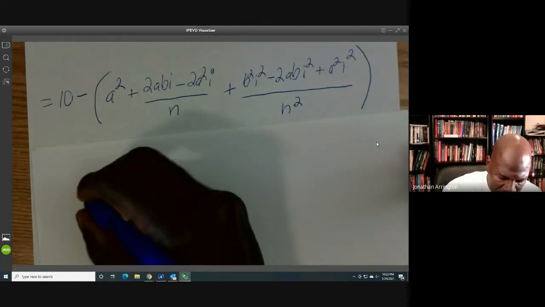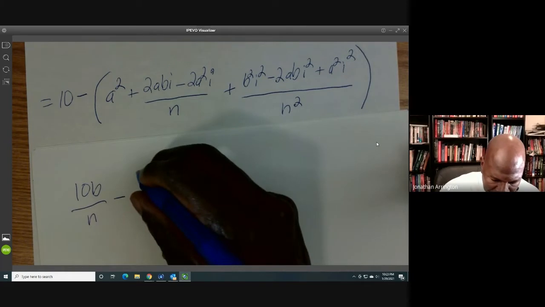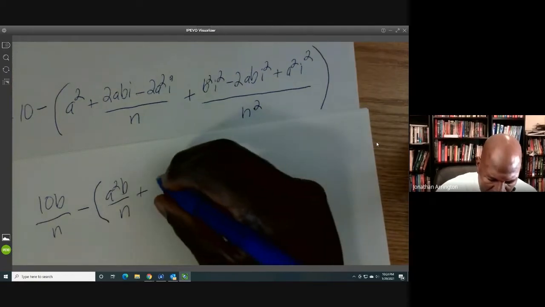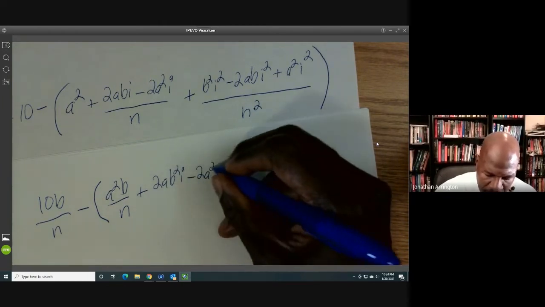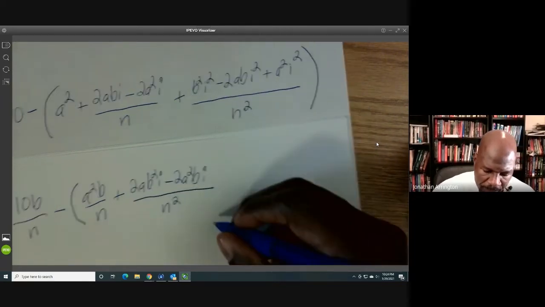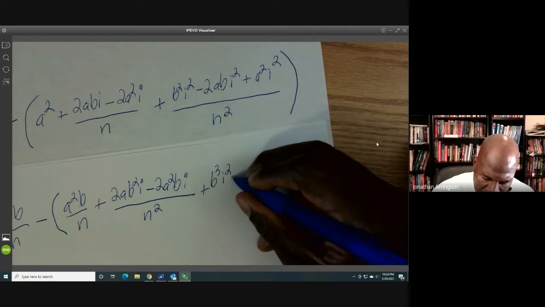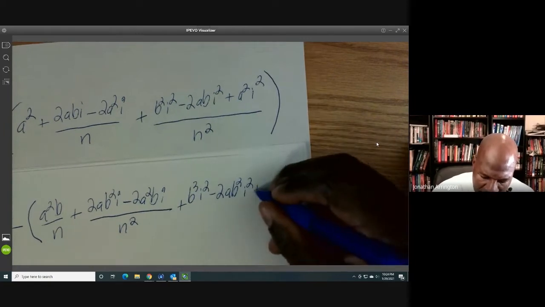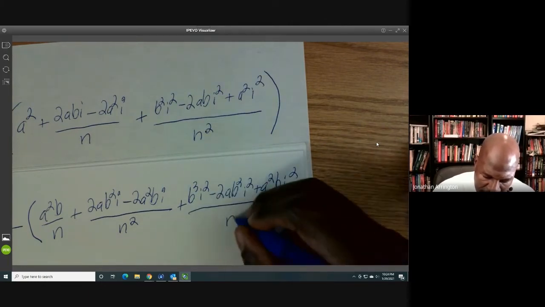And so that's going to give us 10b over n minus a squared b over n plus 2ab squared i minus 2a squared b i over n squared plus b cubed i squared minus 2ab squared i squared plus a squared b i squared over n cubed.